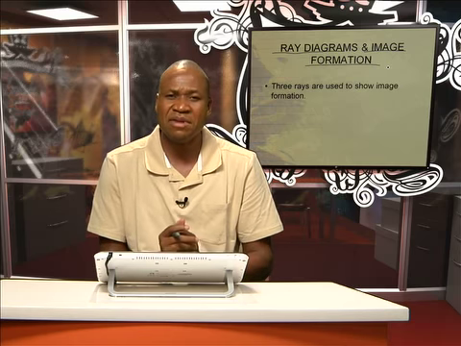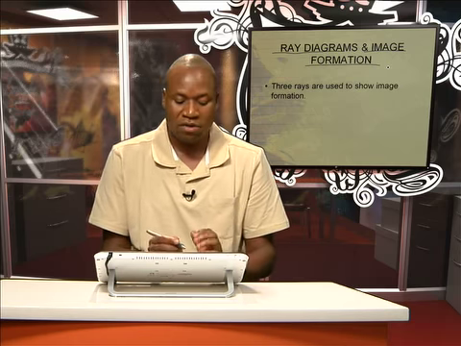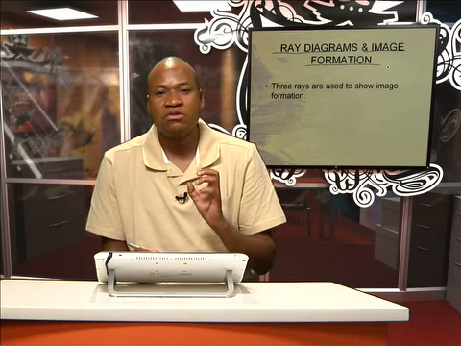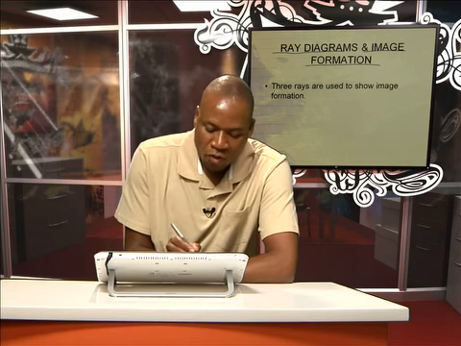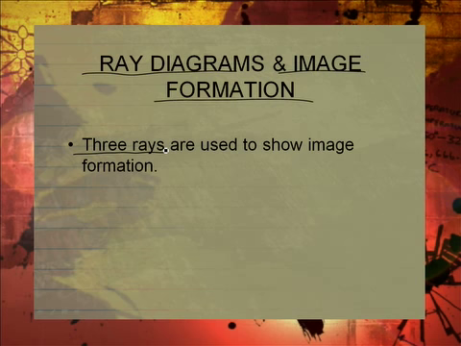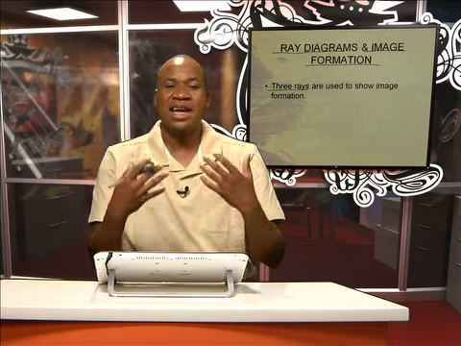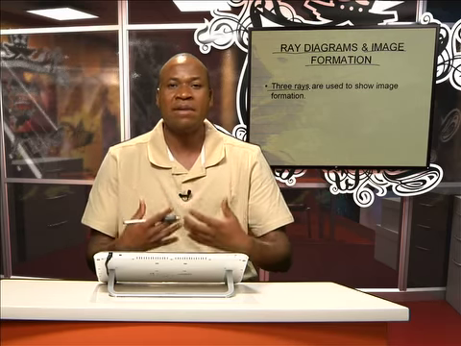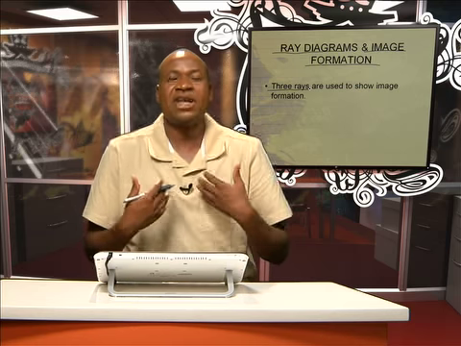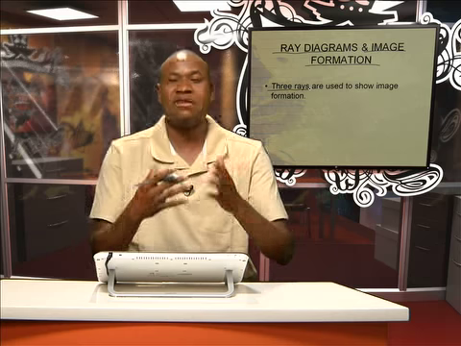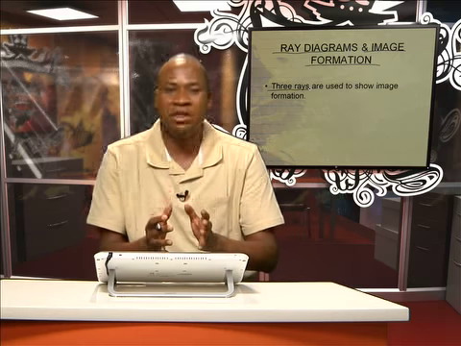So we'll be talking about images a lot. Let's have a look at that. When you are to draw a diagram showing how the image is formed, you need to always have 3 rays. You can have more. Of course, when light shines on me so that you are able to see me, it's millions and billions of light rays that are hitting me and are reflected from me so that you can see this image of Dinyiko.